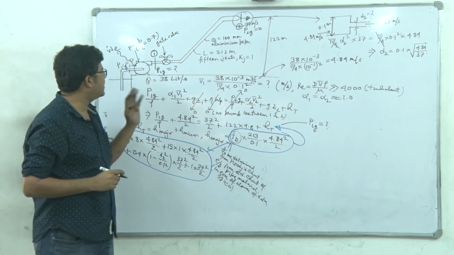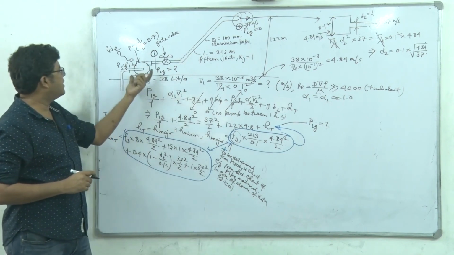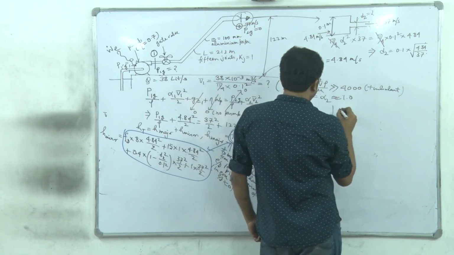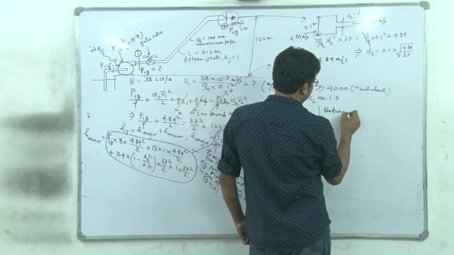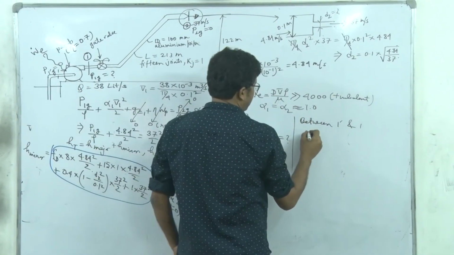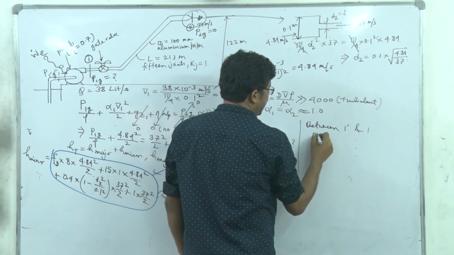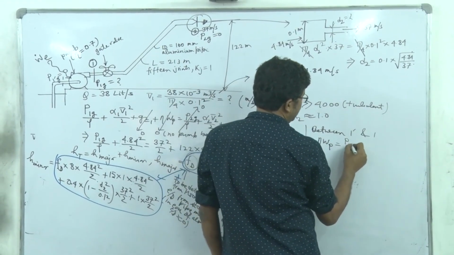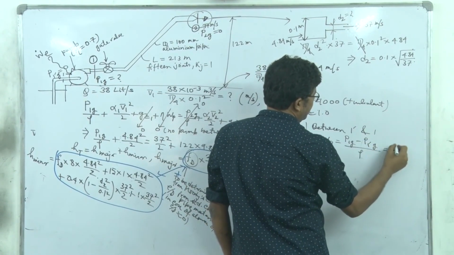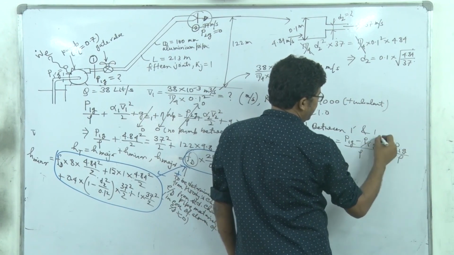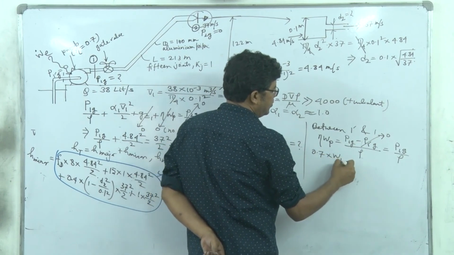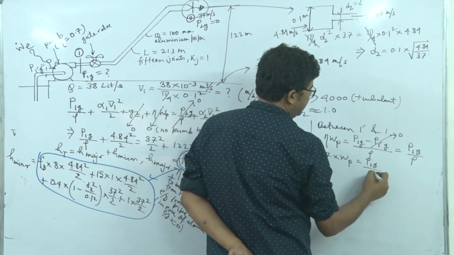If I apply Bernoulli's equation between 1 prime and 1, what will I get? Eta into Wp is equal to P1G minus P1 prime G divided by rho, which is P1G divided by rho, because this is basically 0. So this is 0.7 Wp equals P1G divided by rho.